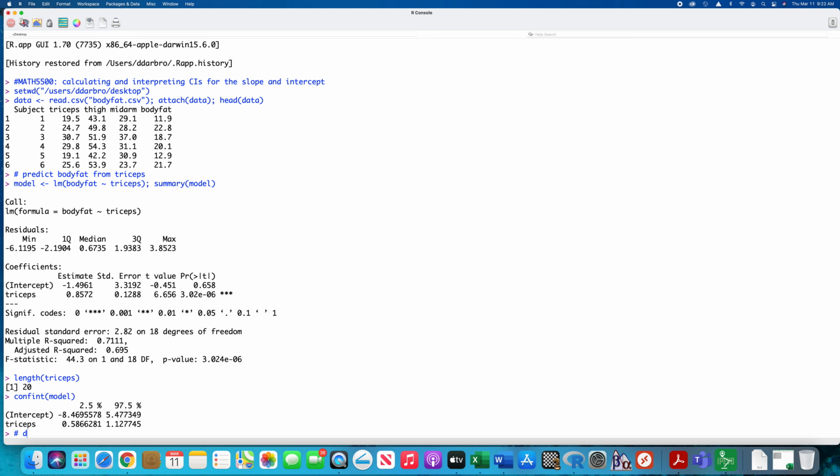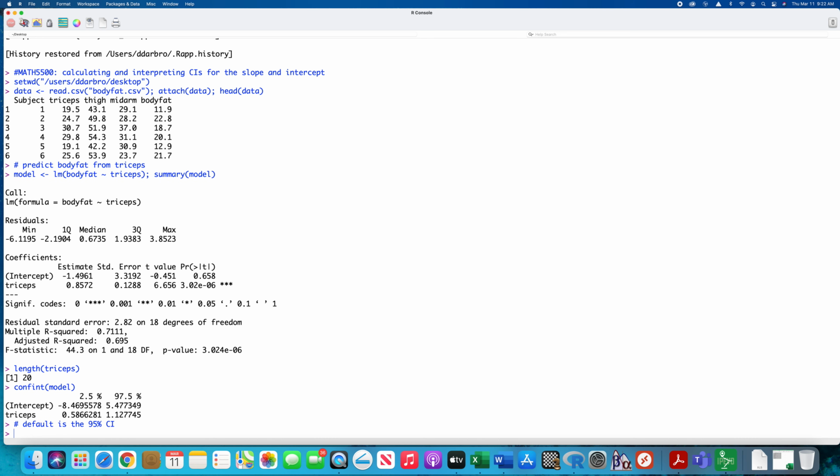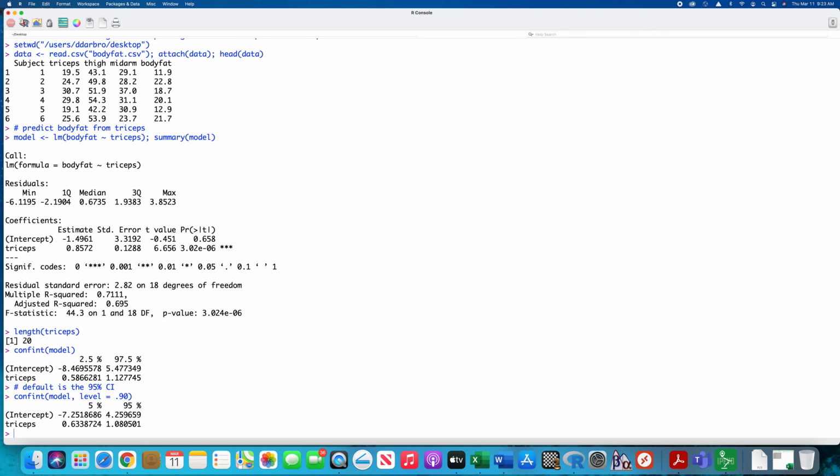The default is the 95% confidence interval. If I do want to change that, all I have to do is add the, I believe it's level argument. Let's say we wanted a 90% confidence interval instead. We just do level equals 0.90. And you can see with 0.90, the width of the interval isn't as wide as with 0.95.